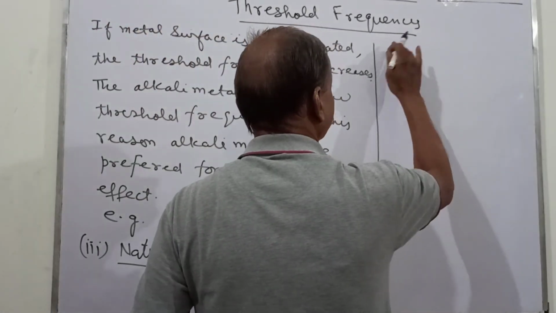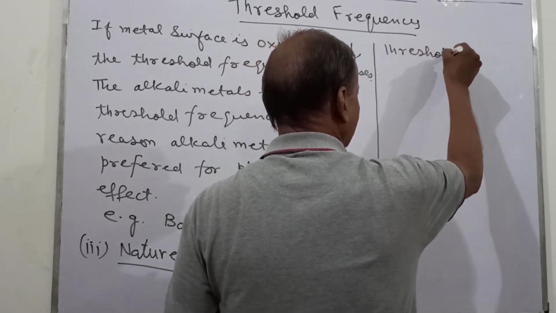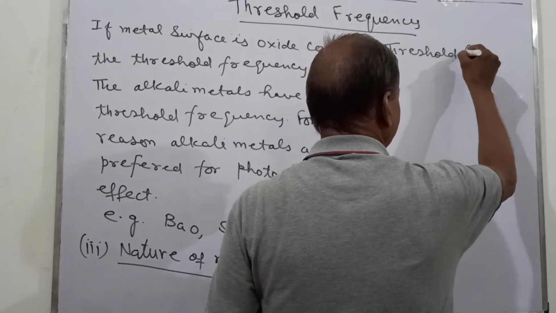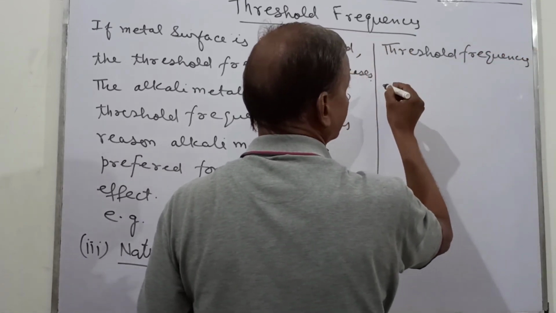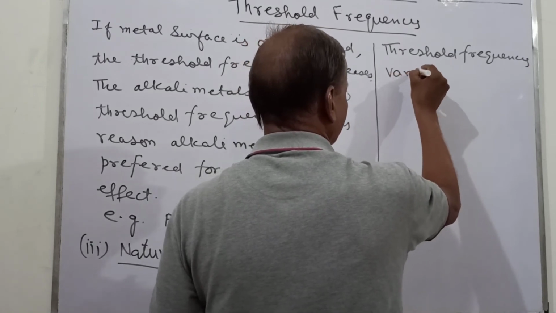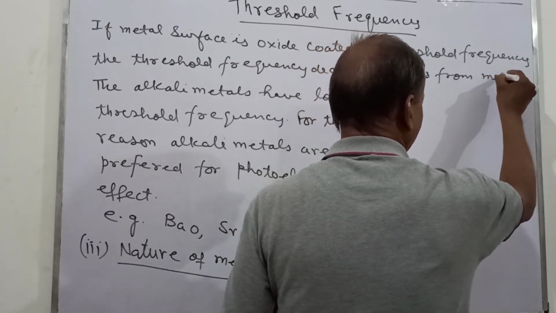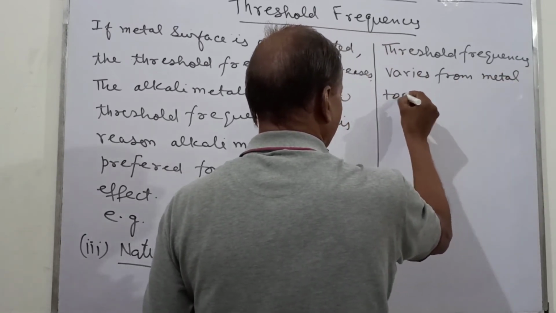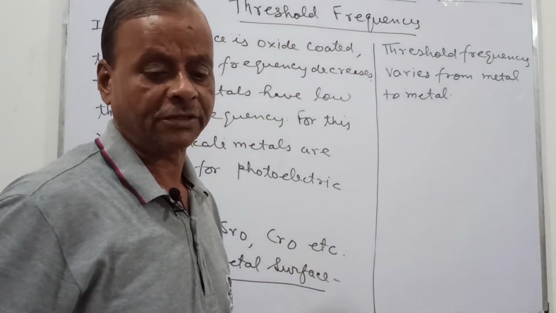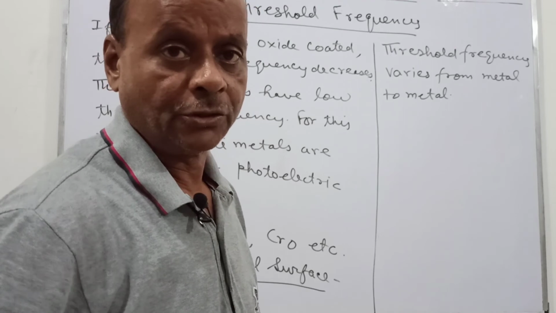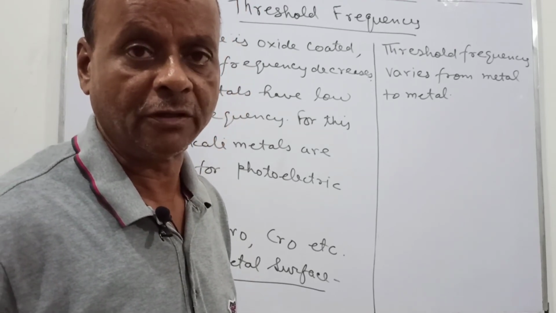Threshold frequency varies from metal to metal. It means that this is different for different materials. So it is dependent upon the structure and the chemical composition of the surface.